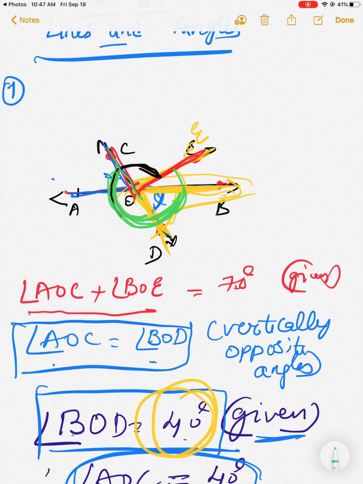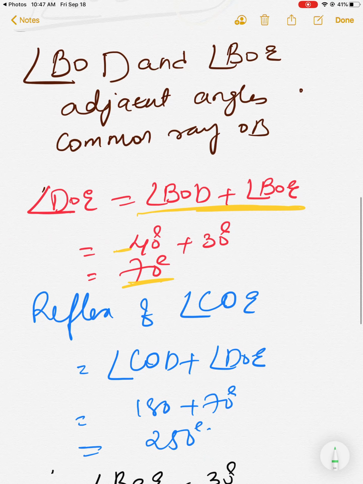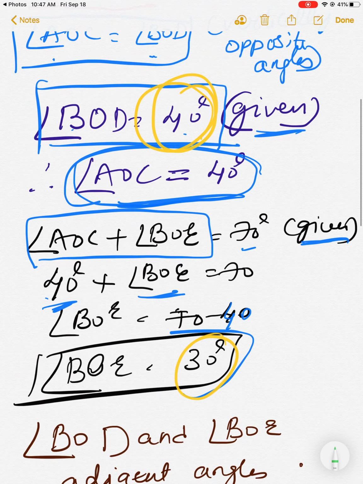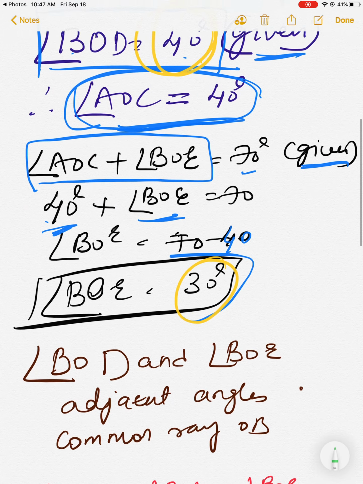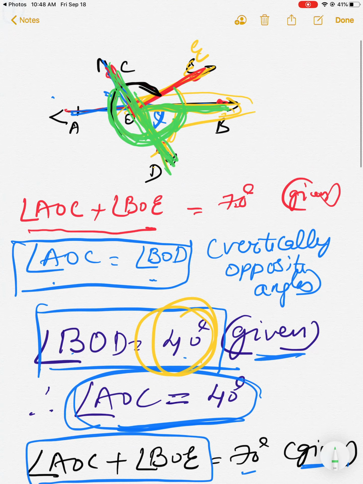Angle COD, this is the COD, plus angle DOE. So COD is nothing but a straight angle, 180 degrees. That is why COD is 180 degrees, and DOE we just got as 70 degrees.